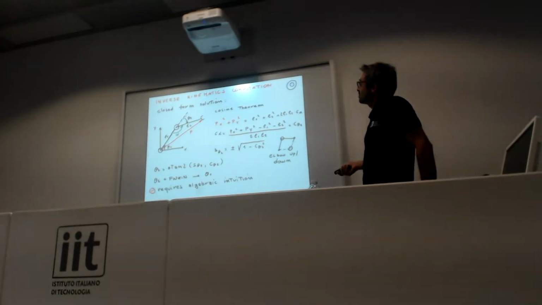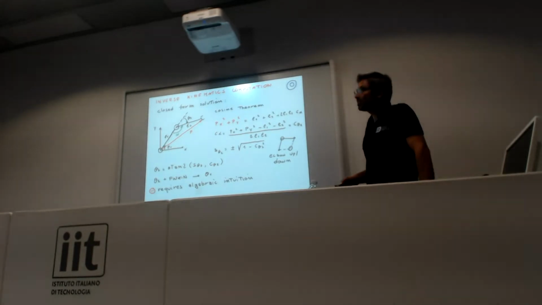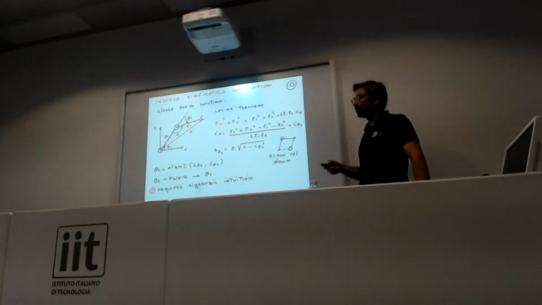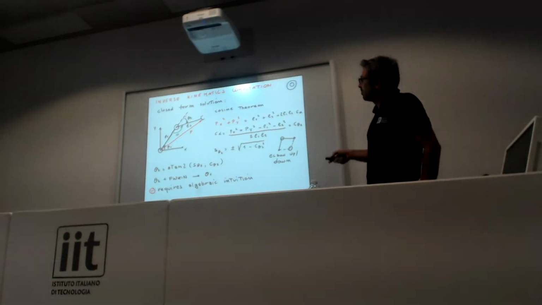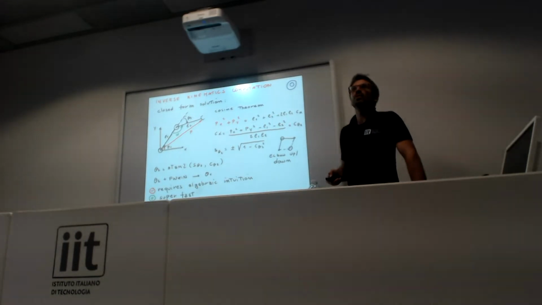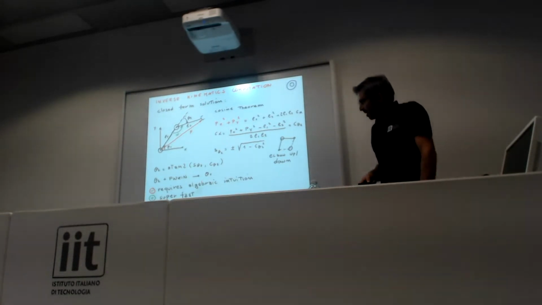But this approach requires some algebraic intuition, and you can have multiple solutions, so you need to decide in the code whether you want the elbow up or the elbow down solution. The advantage is that it's super fast, because it's just a bunch of equations. You have no optimization in that.